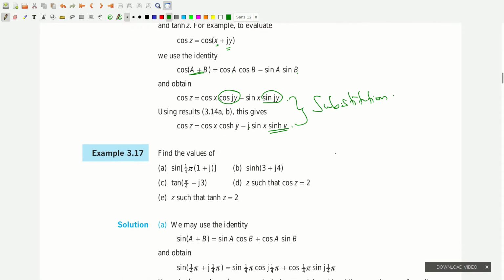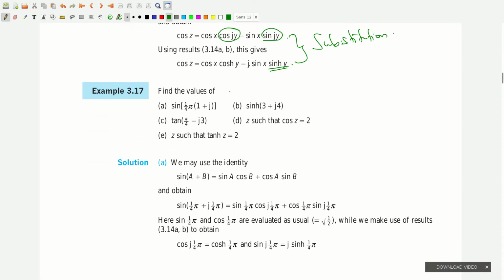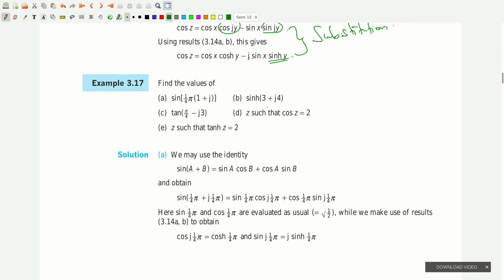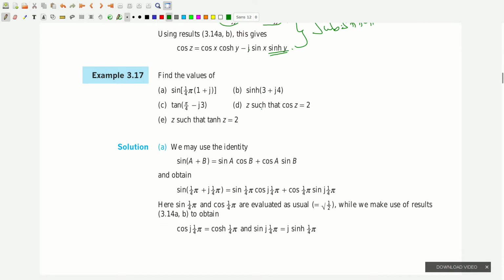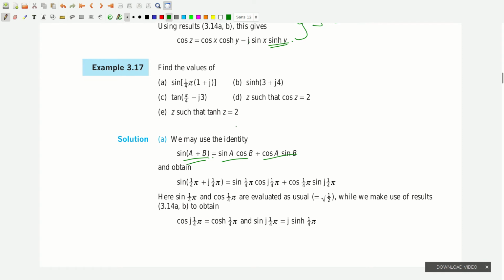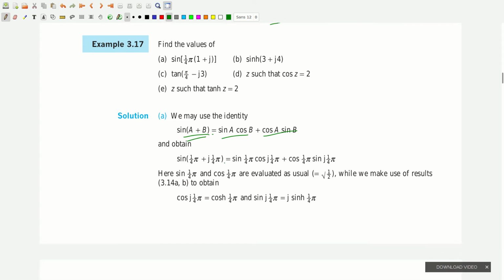In a similar way we can work out the rest of the examples here. If you want to find the sine of 1/4 π times (1 plus j), definitely you will use the identity sine a cos b plus cos a sine b, and then the rest is just substitution.